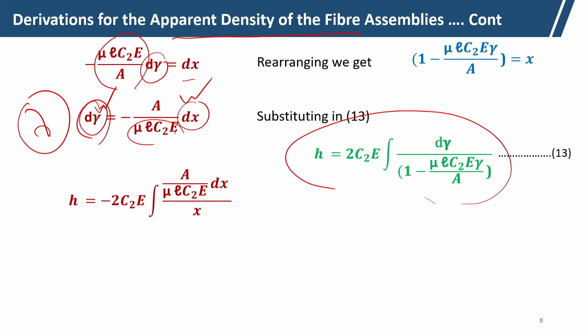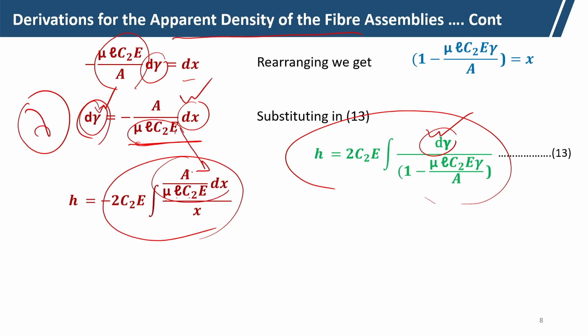You can see this is equation 13, so h equal to, in place of d gamma, we are using this. d gamma was A by mu L C2 E dx, so this is being replaced here, and this was assumed to be x.